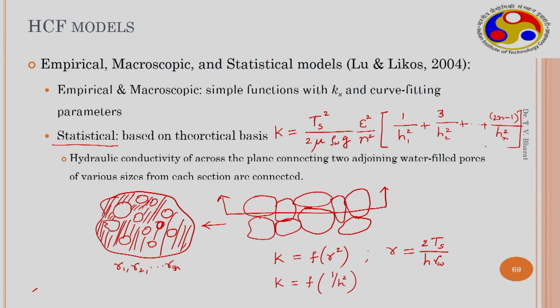Such expressions would result for hydraulic conductivity of unsaturated soils. Here Ts is surface tension, mu is viscosity, rho Wg is the unit weight of water, epsilon is the dielectric, and n is porosity.